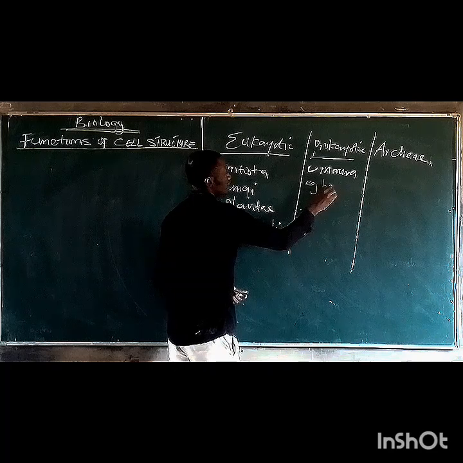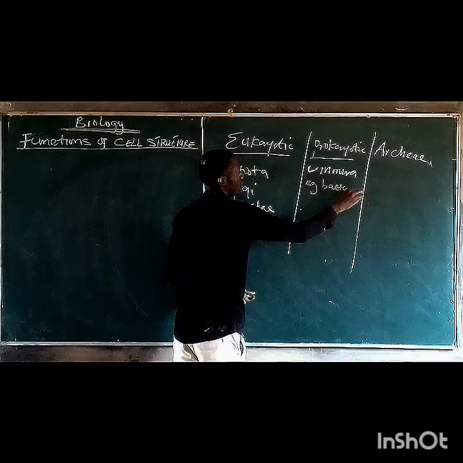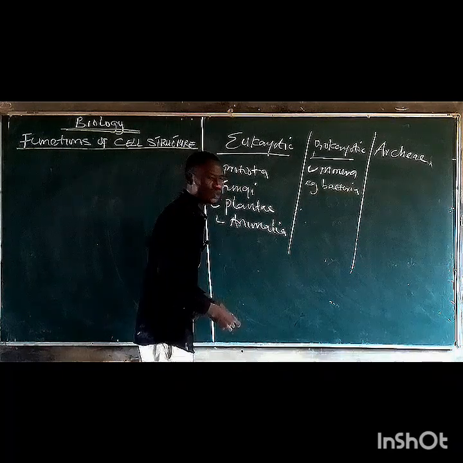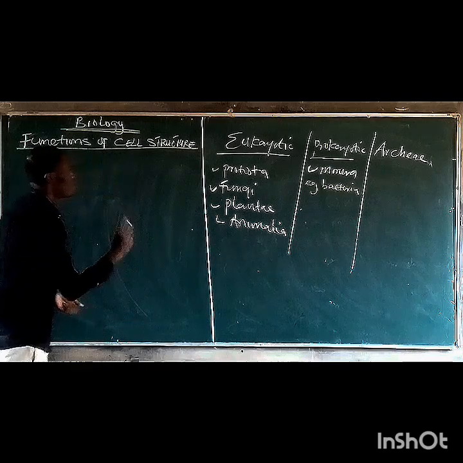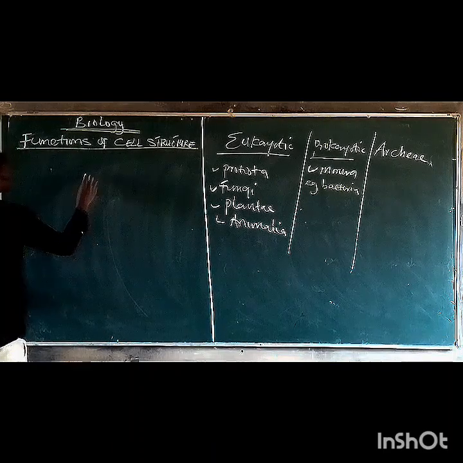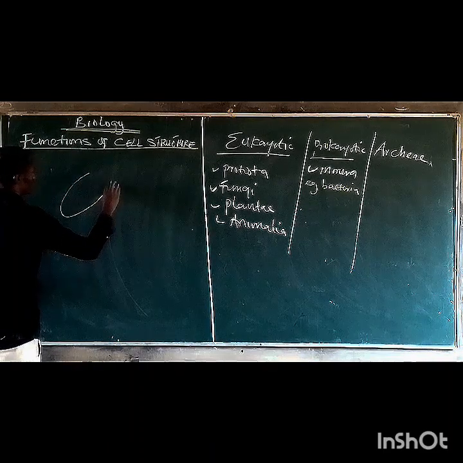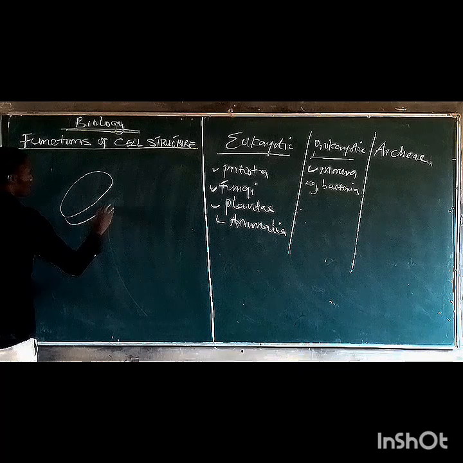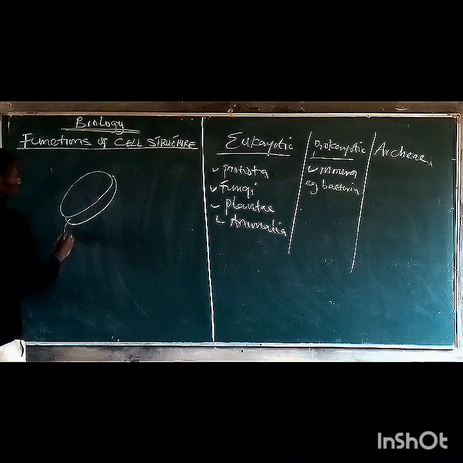Alright? Now, if you look at the prokaryotic, which is definitely the Monera, a good example of them is the bacteria. Bacteria is plural, bacterium singular. Now, if you look at the bacterial cell, something like this, I'm not that artistic.